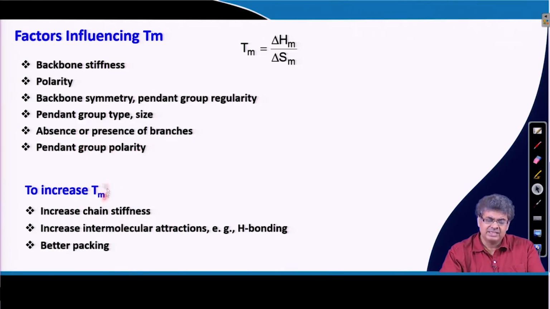So, to increase Tm or melting point, we should increase the chain stiffness and the intermolecular attractions, and if we have groups which can contribute to hydrogen bonding, then it helps in crystallinity, and molecular regularity which helps in packing also helps in crystallinity.